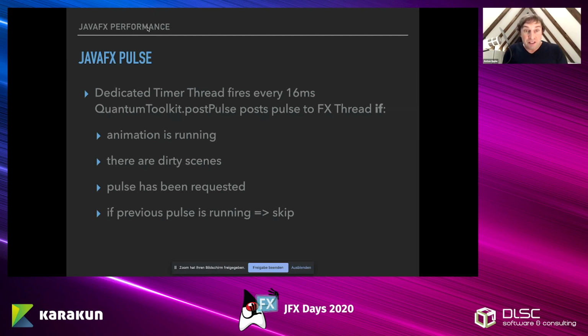The JavaFX pulse is fired by a dedicated timer thread, which fires every 16 milliseconds. And it calls this method quantum toolkit post pulse, and it posts it under the following conditions.